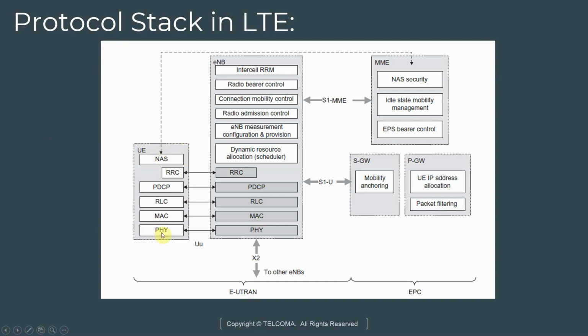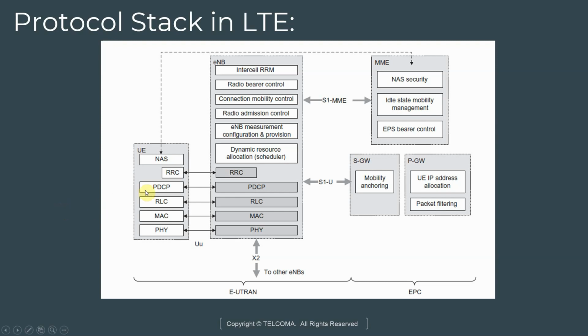You start off with the physical layer, MAC, radio link control or RLC, packet data convergence protocol or PDCP. You have the radio resource control, the RRC, and then you have the NAS, non-access stratum. The NAS is probably the one that you're familiar with up until now, since we talked about NAS in the previous sections.